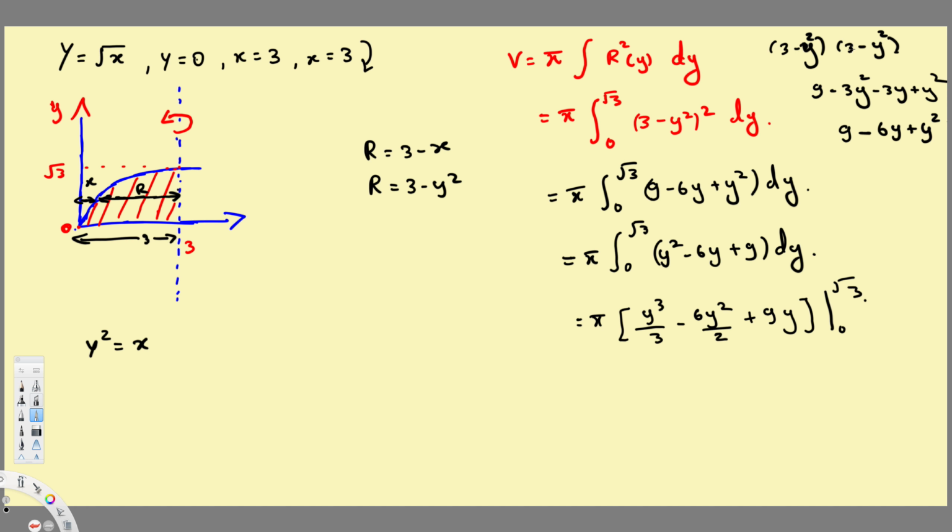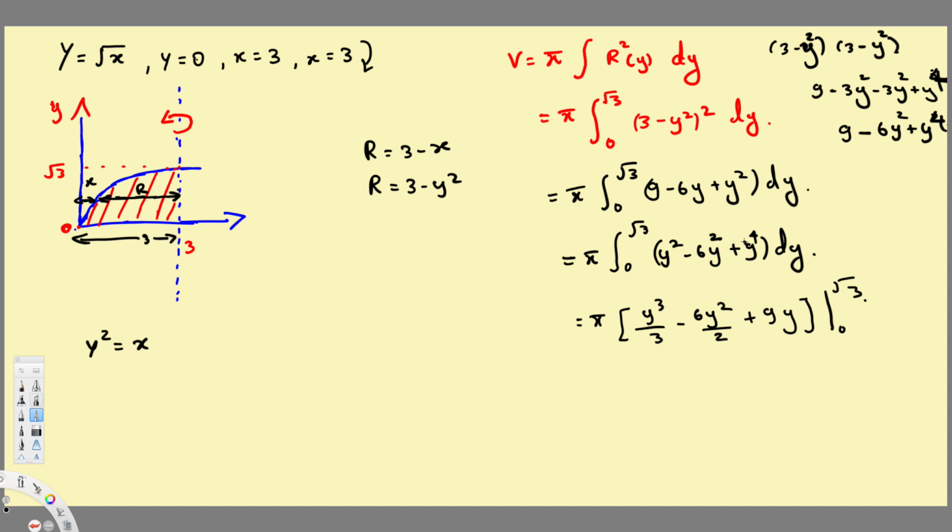And then minus y squared times minus y squared is y to the power 4. So here we have 6y squared, then 9 minus 6y squared plus y to the power 4. So this is what we're supposed to have.